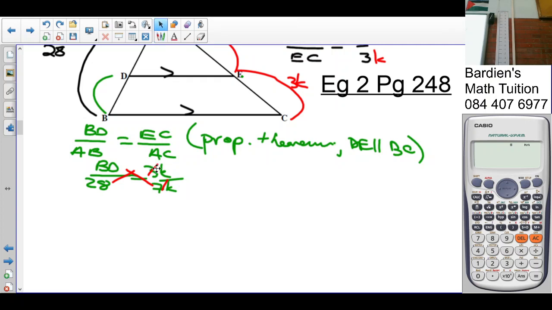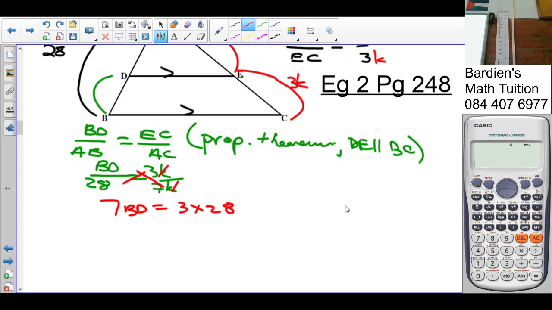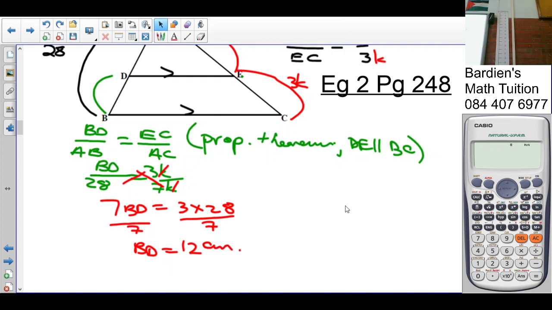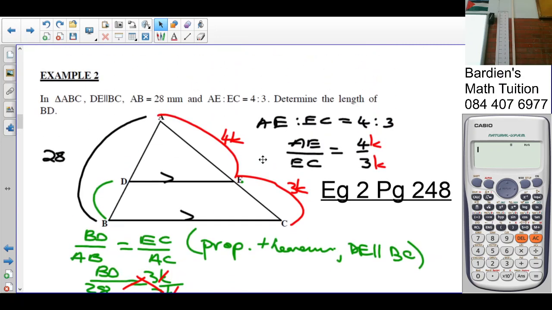So if we cross multiply, it will be 7BD is equal to 3 times 28. How do we get BD on its own? Divide by 7 both sides. 28 divided by 7 is 4. 4 times 3 is 12. That will be 12 centimeters. If it's millimeters, it will be 12 millimeters. I think it's millimeters.